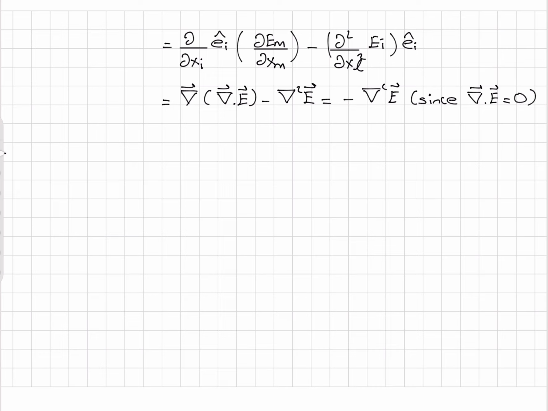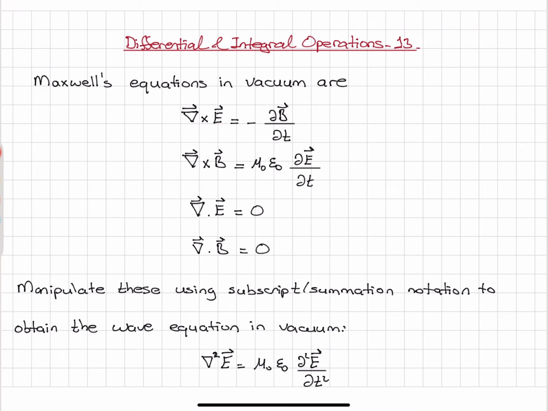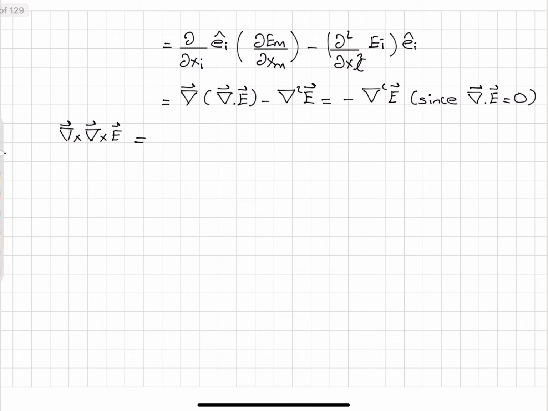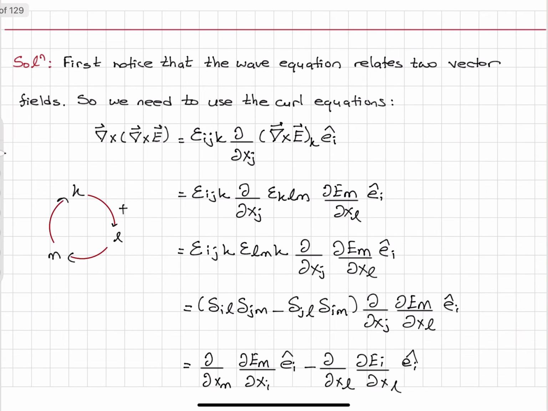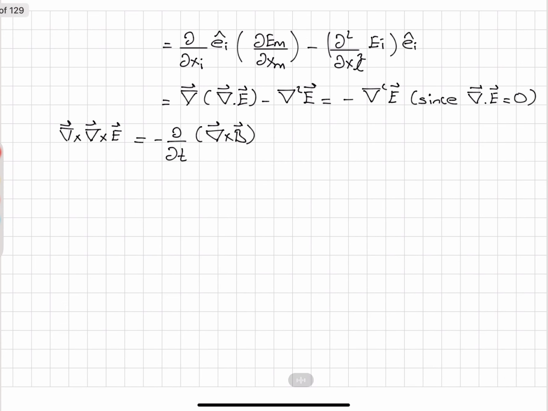Therefore, I have curl of curl of the electric field equals minus del square E. Now on the other hand, curl of electric field is minus del t of curl of B. So because the curl will be operated on the magnetic field B, and curl B is equal to mu 0 epsilon 0 del E del t according to this Maxwell equation.